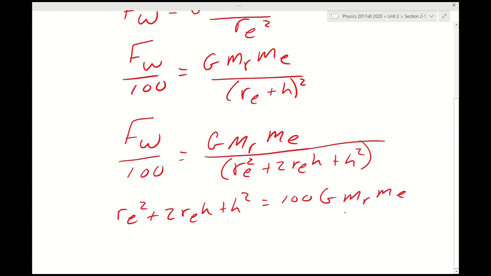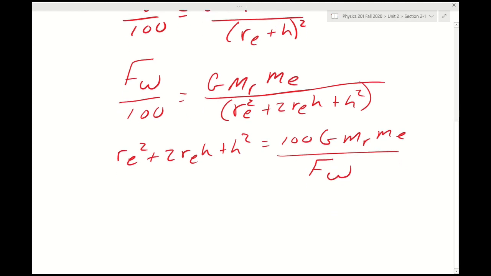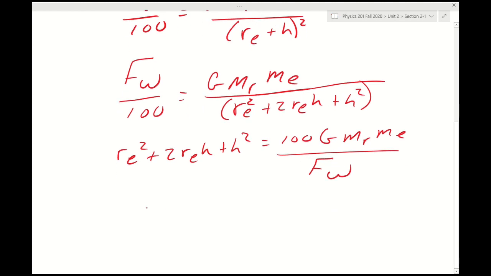If I take the square root, that means the radius of the Earth plus h is equal to plus or minus 10 times the radius of the Earth. If I solve this, I either get the height is equal to 9 times the radius of the Earth, or the height is equal to negative 11 times the radius of the Earth.